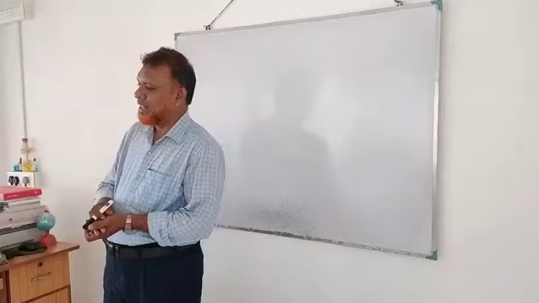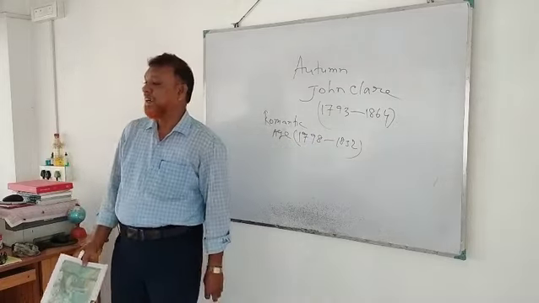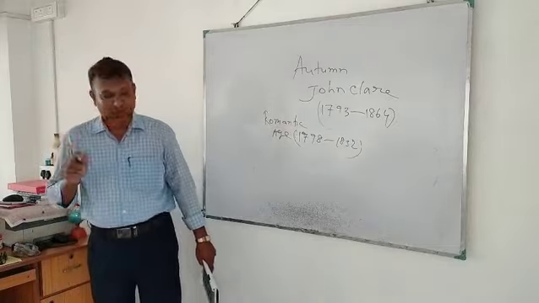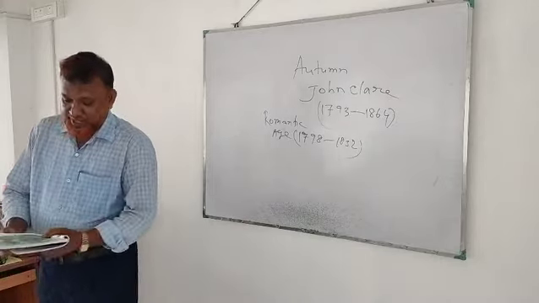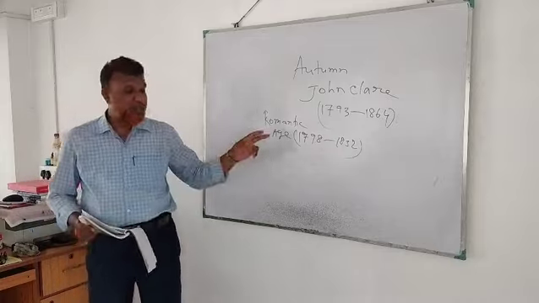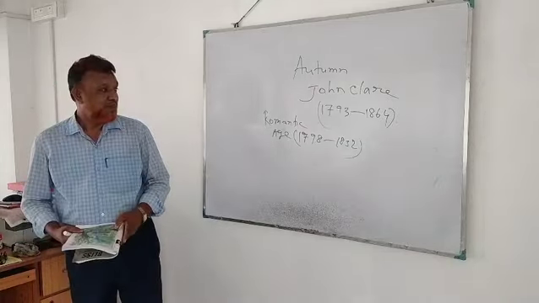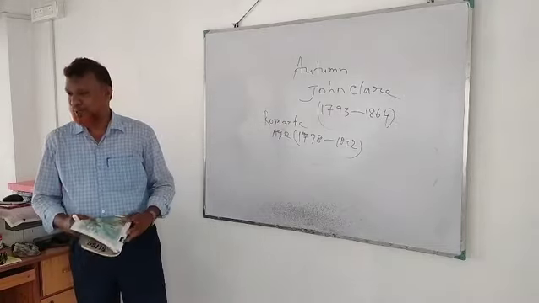Romantic period starts from 1798 and ends 1832. So the poet John Clare belongs to Romantic period. He is a Romantic poet. Not only Romantic period, he also belongs to Victorian age, because Victorian period or age starts after Romantic period.